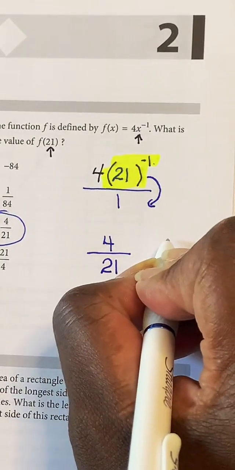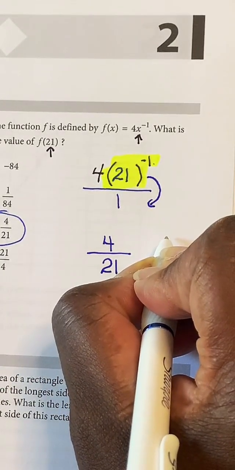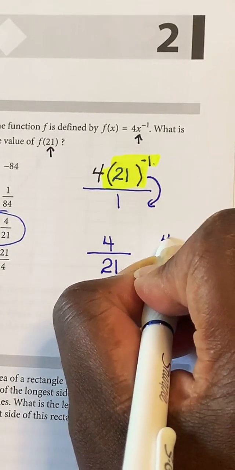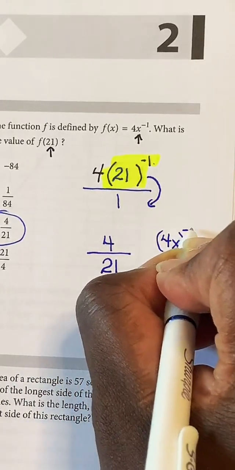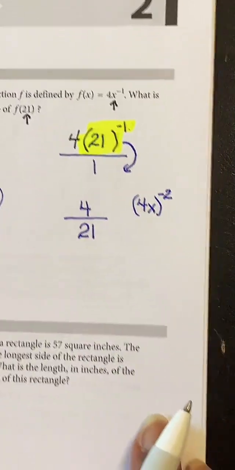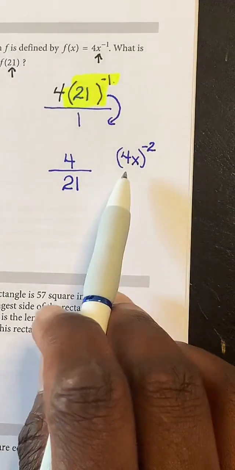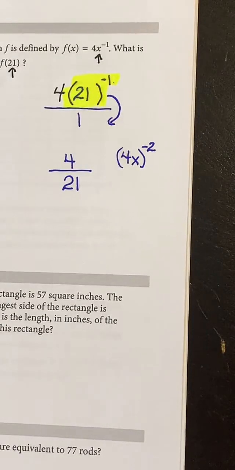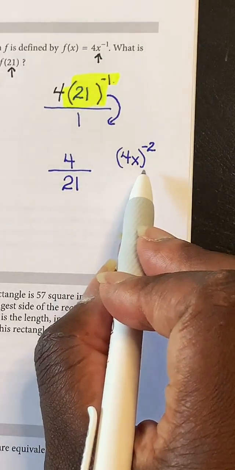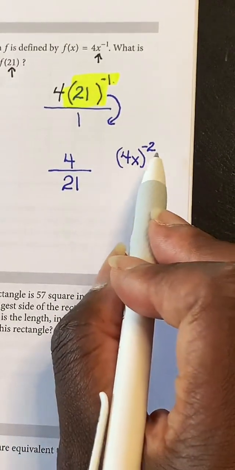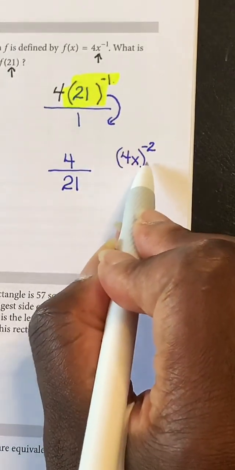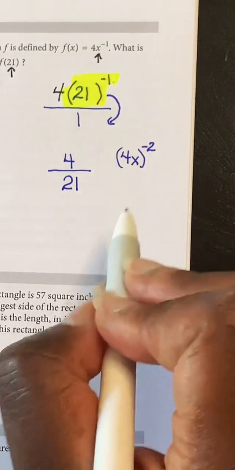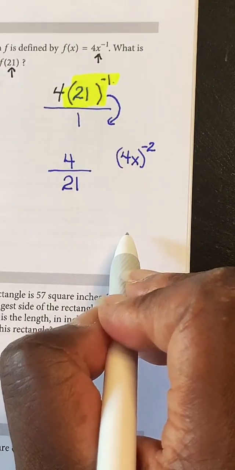So if I had, let's say, 4x raised to the negative second power. Little side note here. Okay, so since this whole thing has a parenthesis and is being raised to the negative second, that means this whole entire base needs to drop into the denominator.